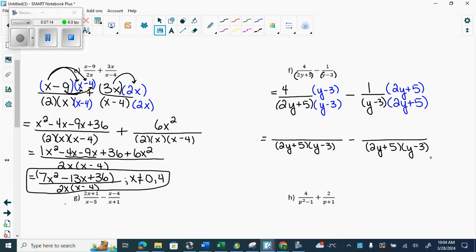So you don't distribute the bottoms because they're common denominators, there's no point. But you do distribute the top. 4 times y is 4y. 4 times negative 3 is minus 12. 1 times 2y is 2y. 1 times 5 is plus 5. Now I have a common denominator.